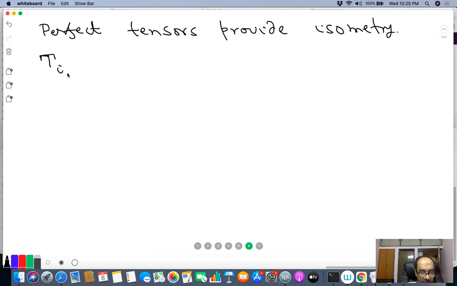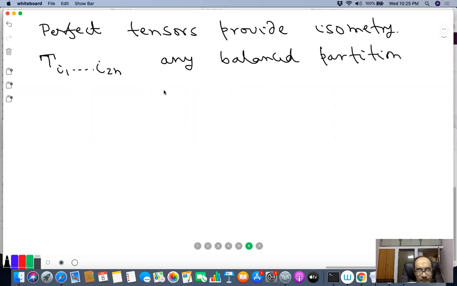Perfect tensors, let me remind you, if you have T I1 to I2n, then any balanced bipartition gives a unitary matrix.